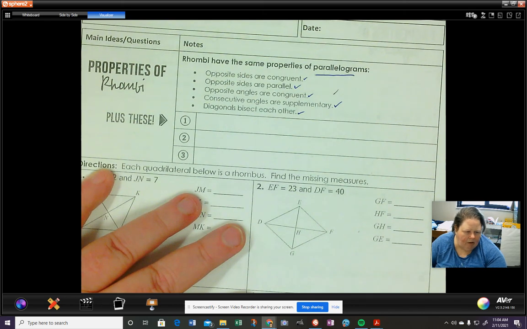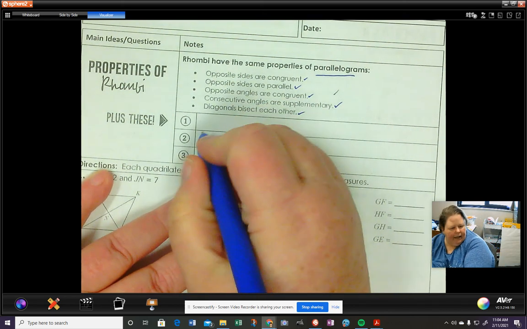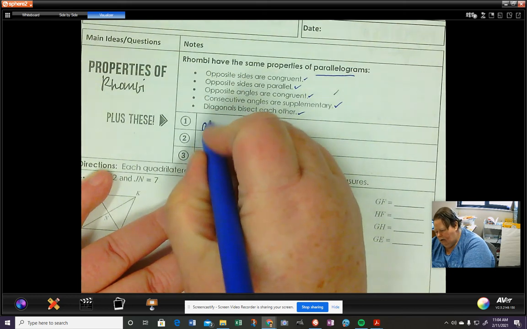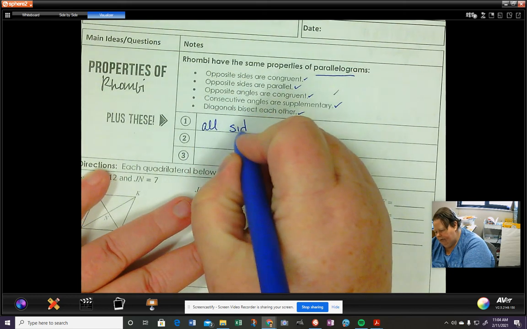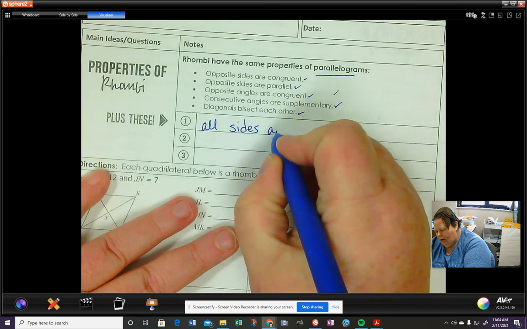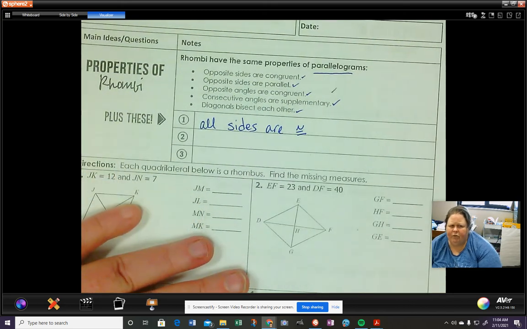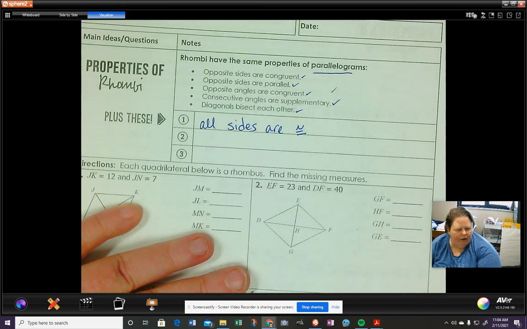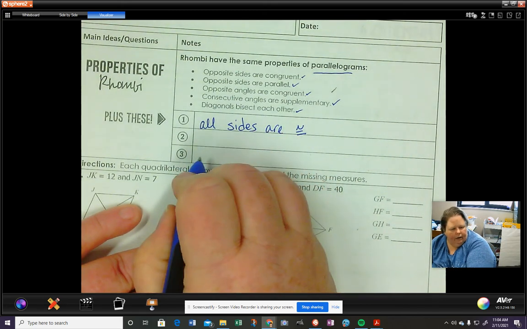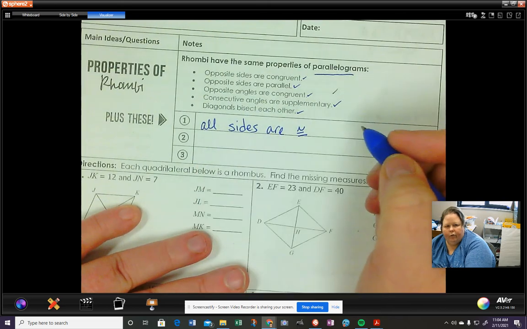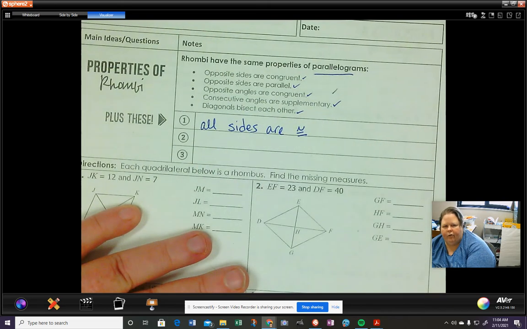are that rhombuses or rhombi, that all sides are congruent. And you're thinking, but that makes it a square. No, because not all the angles are congruent. Just the sides are congruent.